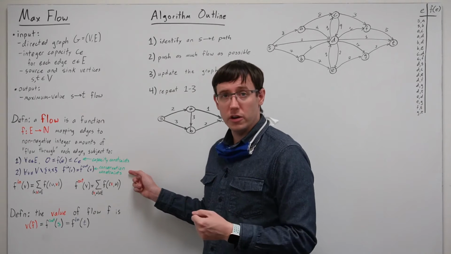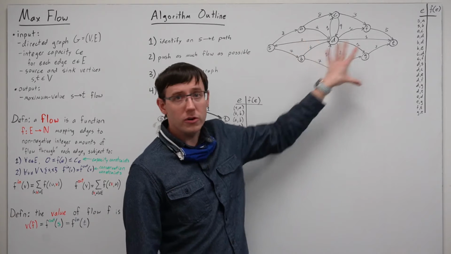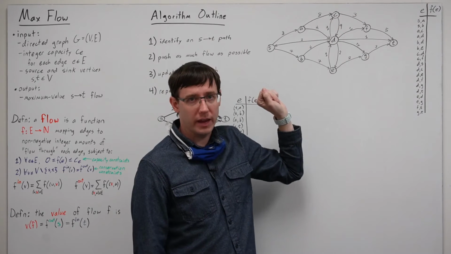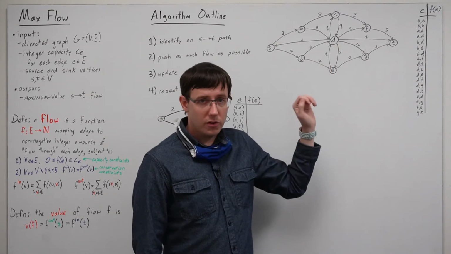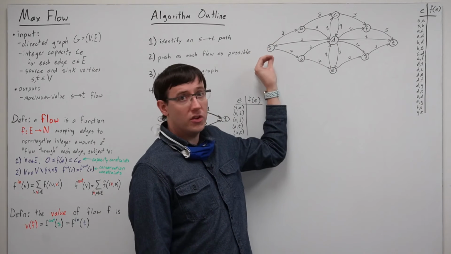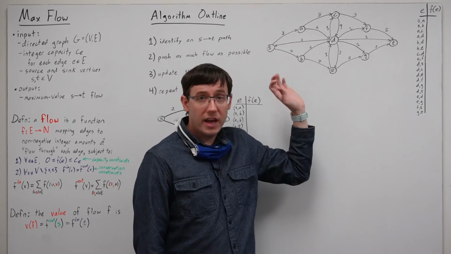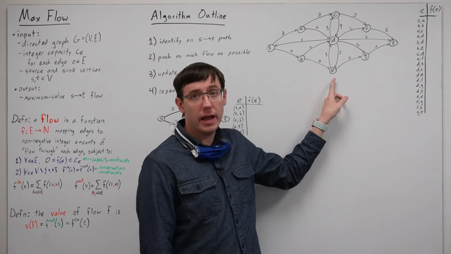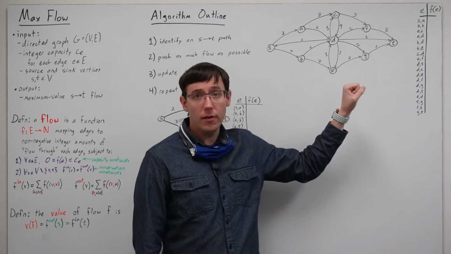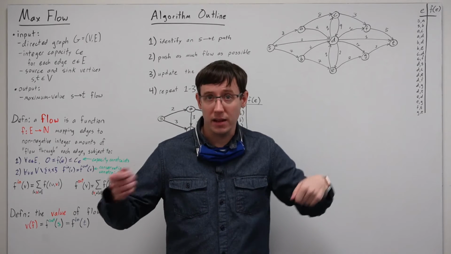The conservation constraints ensure that for every vertex that isn't the source or sink, their inflow is equal to their outflow. So if we have some amount of flow coming out of the source, that flow must go somewhere, and it can't terminate at any of the vertices other than the sink, because then they would have an imbalance.